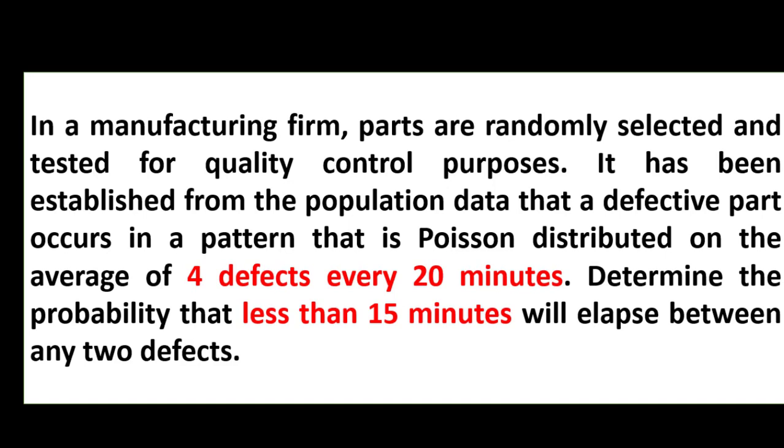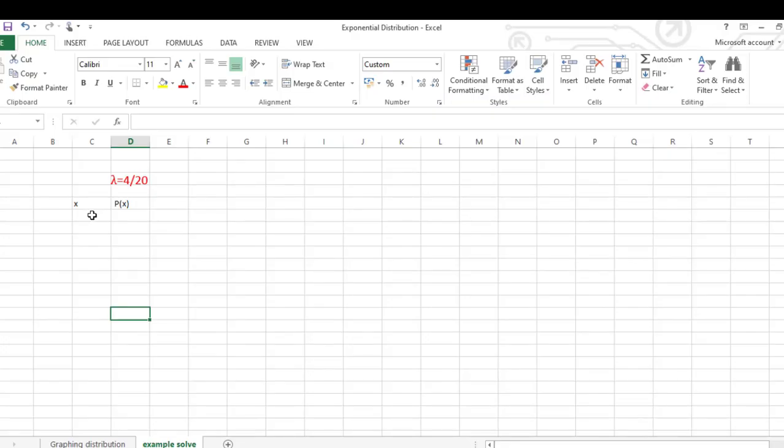Okay, so we have already seen that the Poisson parameter, that is lambda, is 4/20. Okay, and we have to calculate the probability that x is less than 15, where x, that is random variable, is the time that elapses between any two defects. So let's see. Okay, so what is our random variable, that is x? X is the time interval between two defects.